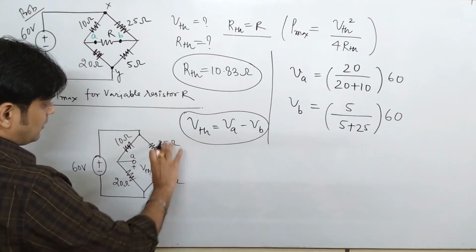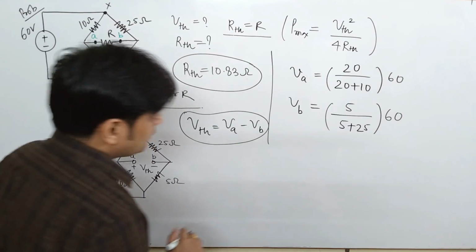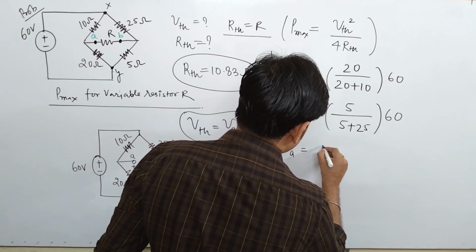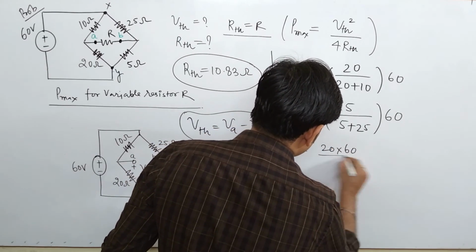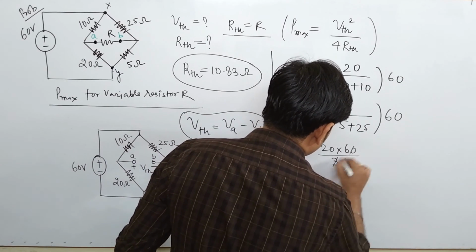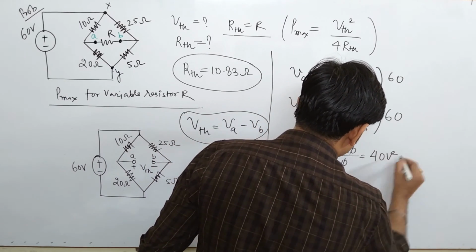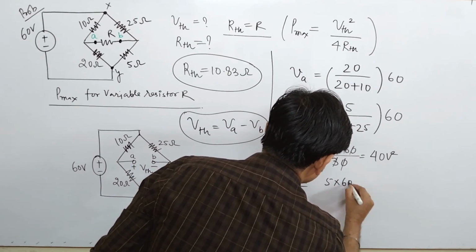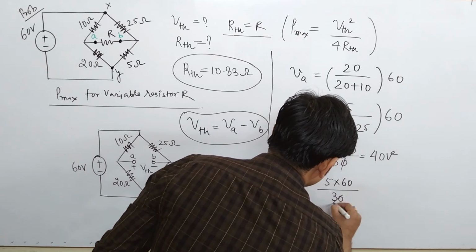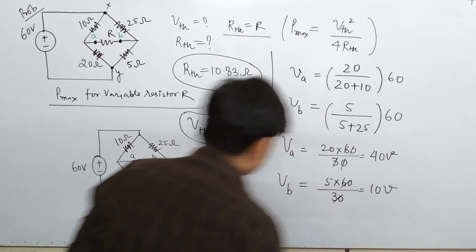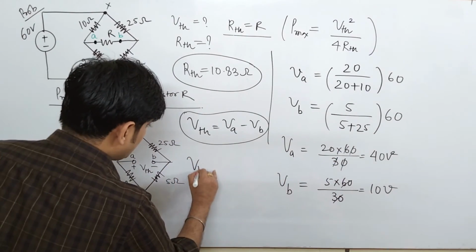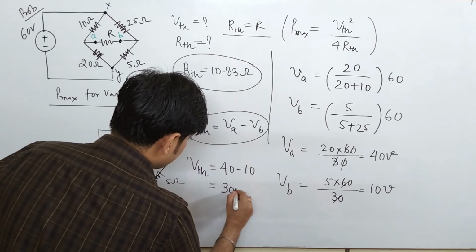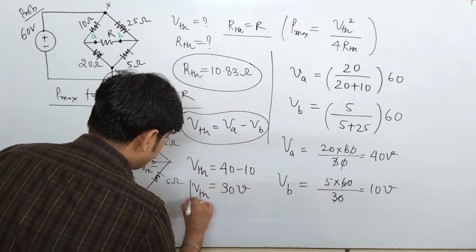So how much is it? VA comes to be 20 into 60 divided by 30, that is 40 volt, and VB is 5 into 60 upon 30, that comes to be 10 volt. So the difference VA minus VB, that is 40 minus 10, comes to be 30 volt. This is your value of VTH.